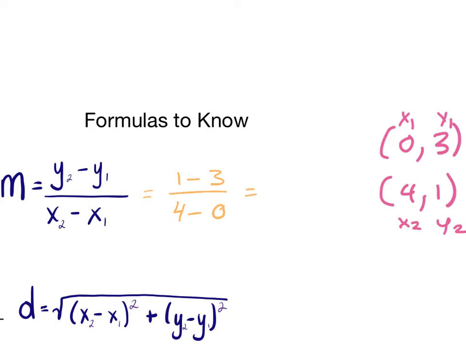So we have 1 minus 3 on top, which is -2. And then 4 minus 0 is 4. We can simplify -2 over 4 to -1/2. So our slope for these 2 points would be -1/2.